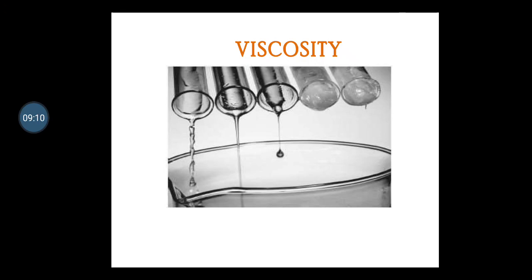The first test tube contains a liquid having watery flow. The second test tube shows a bit more viscous liquid as compared to the first one, like glycerine. The third one is quite viscous, more than the second one, like honey. The fourth test tube is about to flow, but there is resistance as far as the flow is concerned.